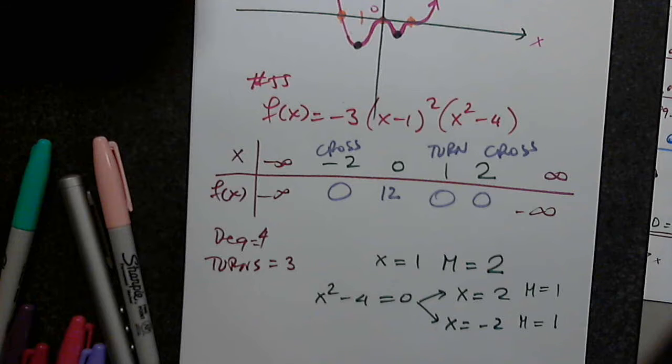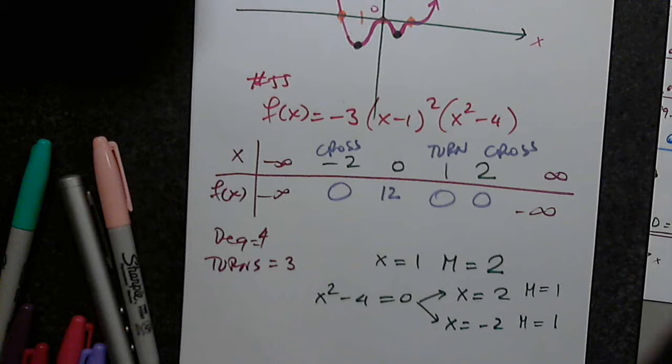From negative infinity, crossing at (-2, 0), crossing at (0, 12), I don't know how, but it has to get to the y-axis. It has to turn somewhere because it's coming back at (1, 0) to turn, but then it has to turn again because it comes back to (2, 0) to cross and go to negative infinity.